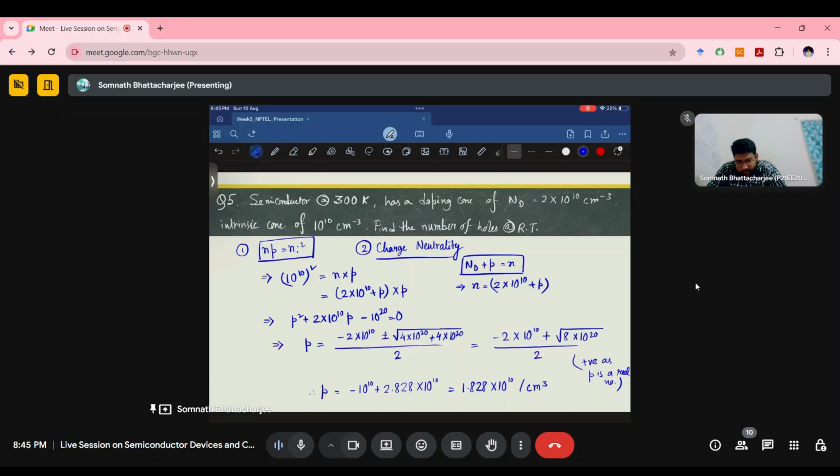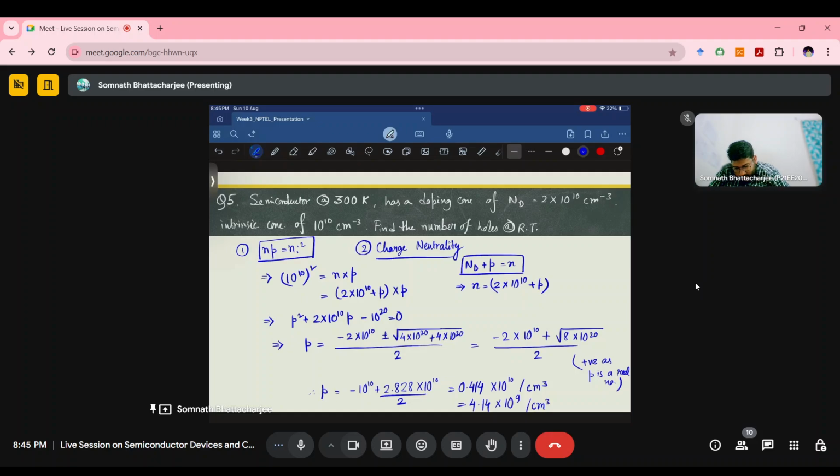Root over 8 was 2.828, and this one would be divided by 2 as well. So the value would be 2.828 divided by 2, 1.414. So this one should be 0.414, or we can write it like 4.14 into 10 to the power of 9 per centimeter cube.